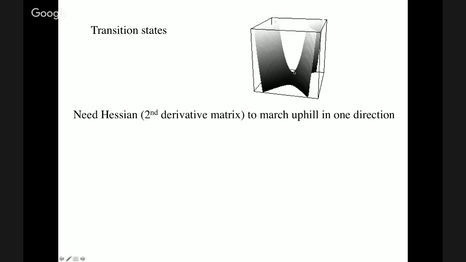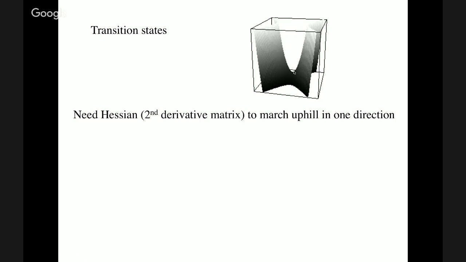If you thought about minimization of geometry, you find the first derivative and go against the derivative as you march downhill to a minimum. Here, we don't want to march downhill to a minimum. We want to march downhill to a minimum in n-1 dimensions, and in that last dimension, we want to go uphill.